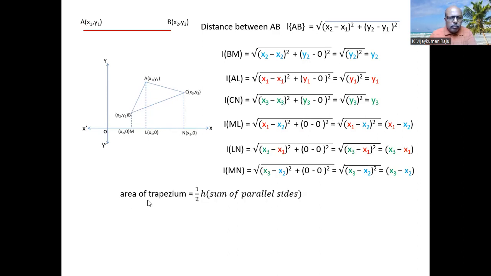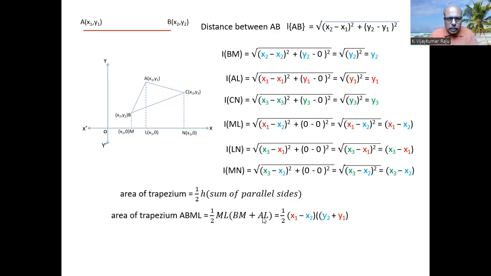So now area of a trapezium is half into height into sum of the parallel sides. Taking A, B, M, L, the height is ML and the parallel sides are BM and AL.